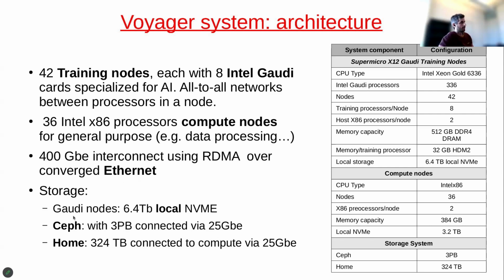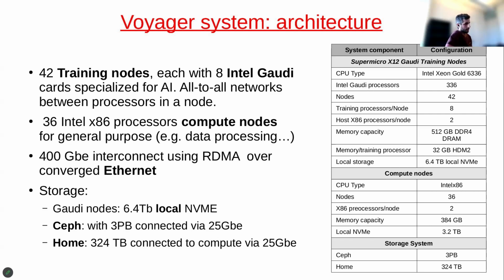So as I said, in the Gaudi nodes, the training nodes, there is this local NVMe with 6.4 terabytes. And then we have a Ceph folder, in total about 3 petabytes, connected via 25 GB.